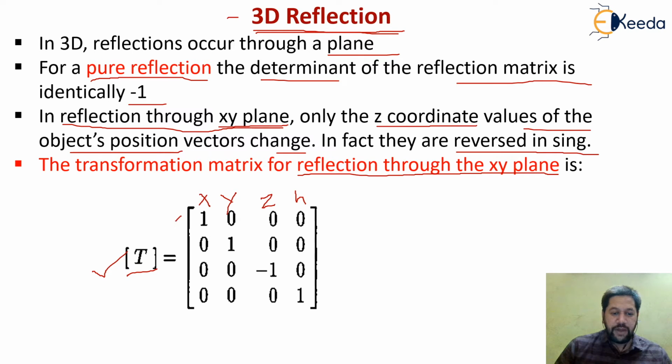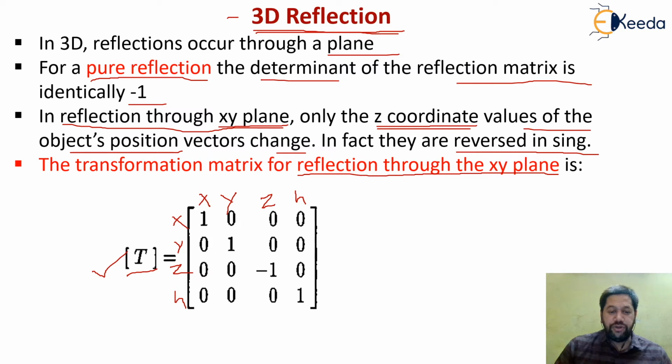As we have seen, in reflection through the xy plane only the z coordinate value changes, and all remaining values do not change.